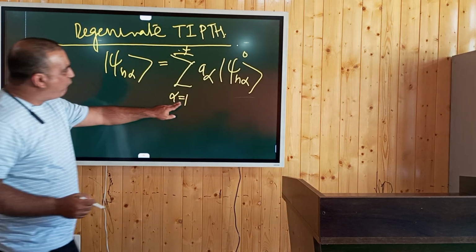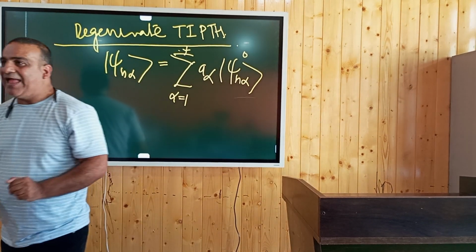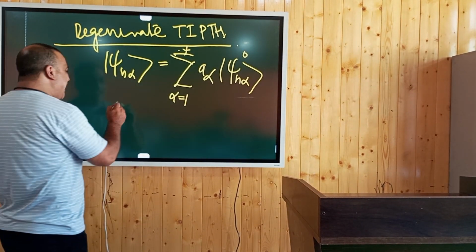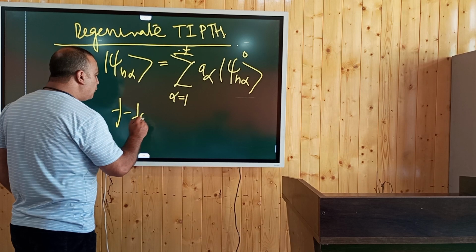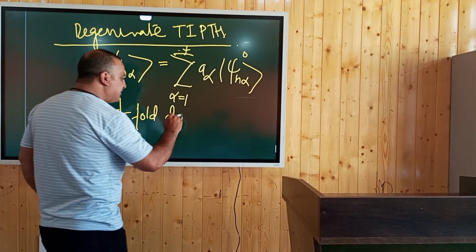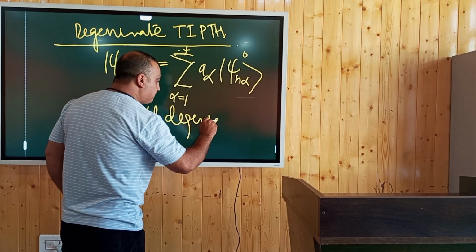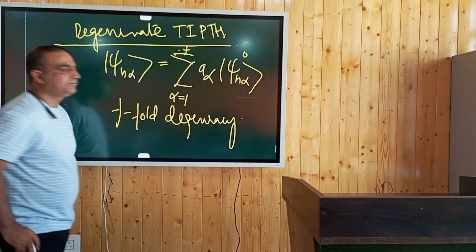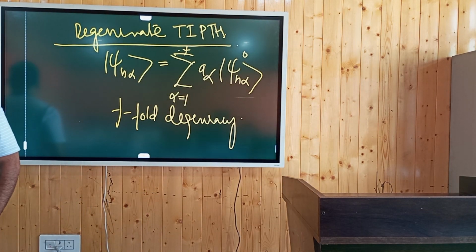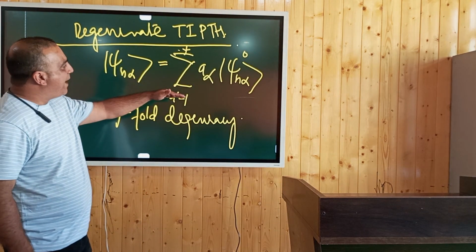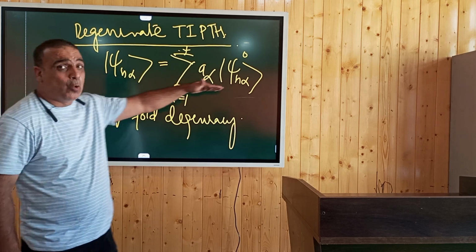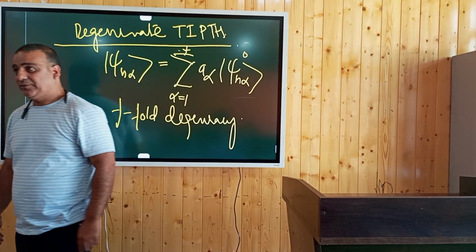Now running from 1 to f means that my system has f-fold degeneracy. Okay? I choose my system with f-fold degeneracy.